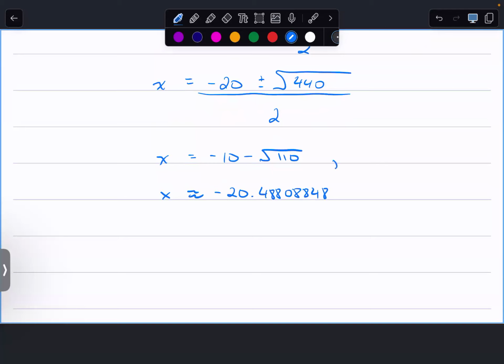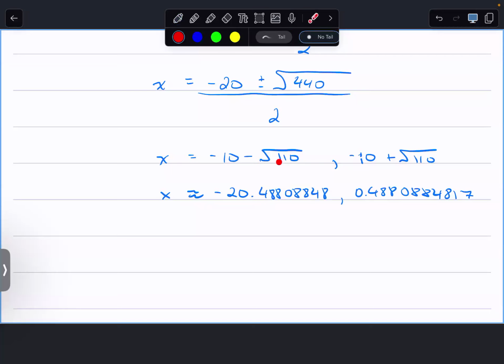Or it's going to be negative 20 plus the root of 440 divided by 2, negative 10 plus the root of 110, which is approximately 0.48808884817. Or the final answer, the exact answer.